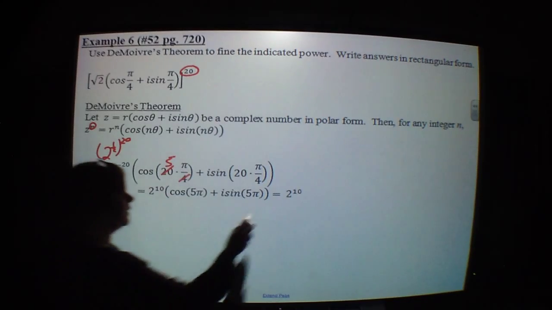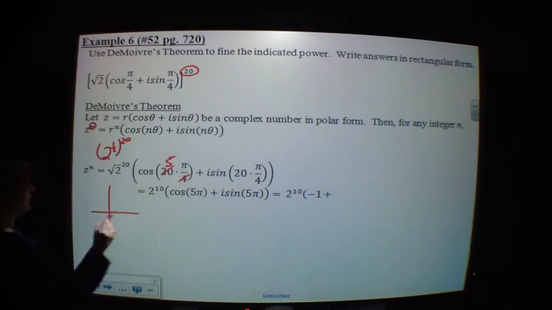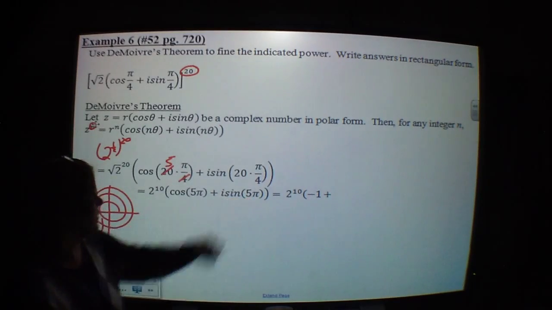Okay? And then when you're doing this, let me draw the picture so you know where it came from. 1 pi, 2 pi, 3 pi, 4 pi, 5 pi. If I'm over here, that's the point -1, 0. So cosine of 5 pi is -1. The sine of 5 pi is 0.